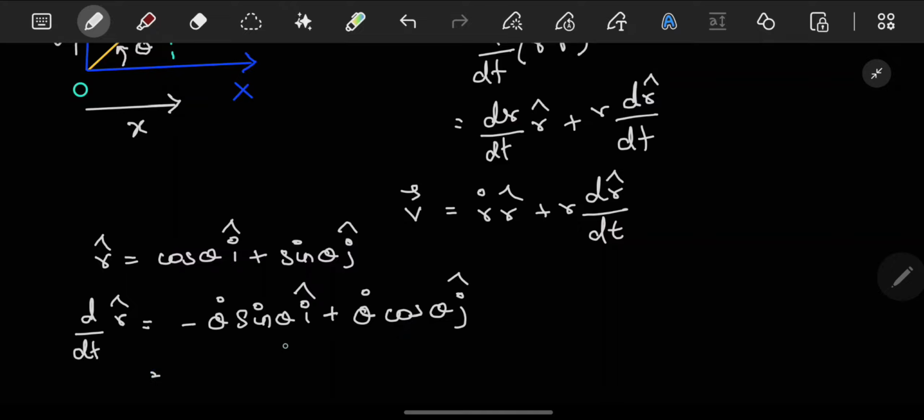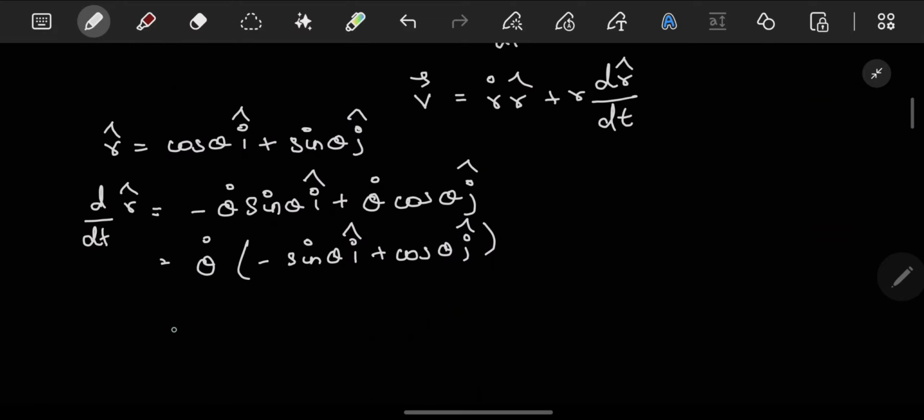Just take this theta dot common, so we'll get minus sine theta i cap plus cos theta j cap.